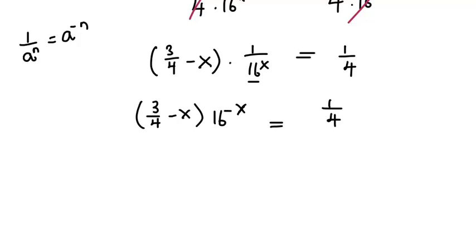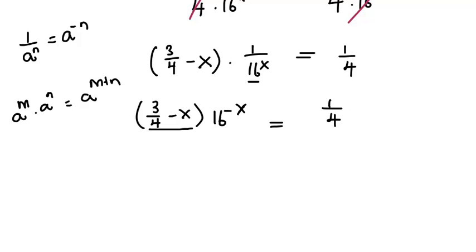Now we're trying to obtain equal power of 16 with this expression in the bracket. So we need to make the power of 16 here equal with the expression in the bracket. If we recall this property, a raised to the power of m multiplied by a to the power of n will give us a raised to the power of m plus n.